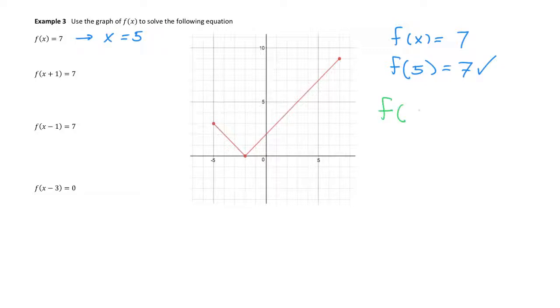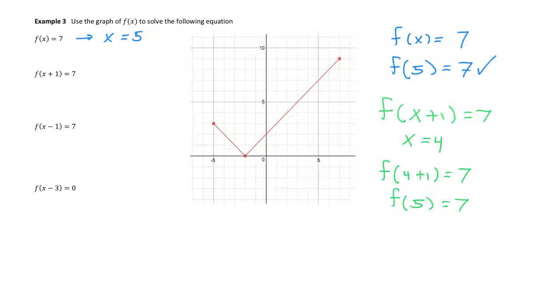Now we have this x plus 1, and I want this thing to be 5. So what would I put in place of x to make this thing equal 5? It's a little strange, but x would have to be equal to 4. I want to check to see why this is true. If you put 4 in place of x, when you add 1 to it, it gives you 5, and we already know that f of 5 is equal to 7.